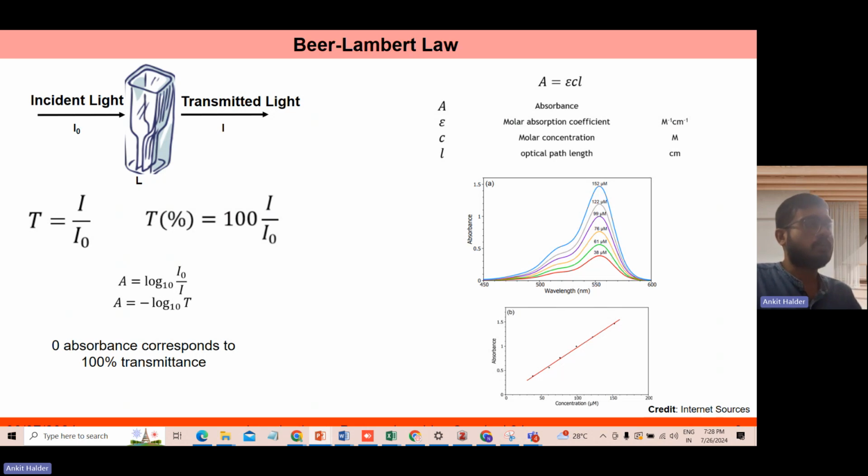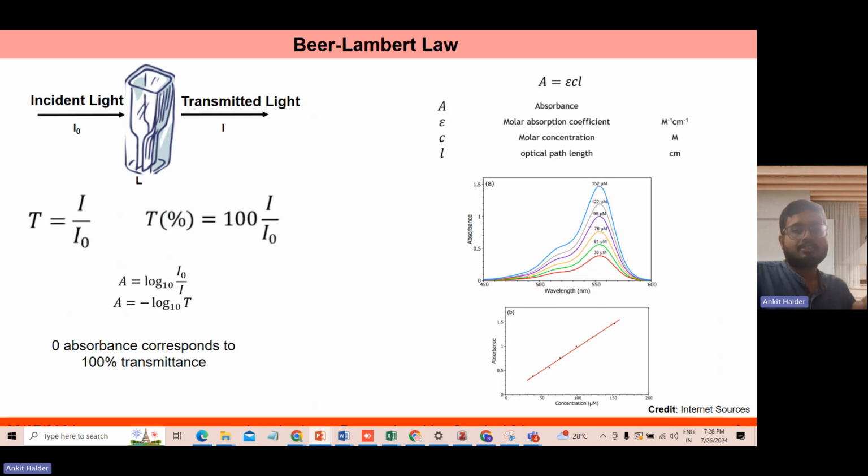That's why Beer-Lambert law is used, and I think you all have done an experiment where you measured the absorbance and tried to find out the unknown concentration of a particular sample, which we don't know.